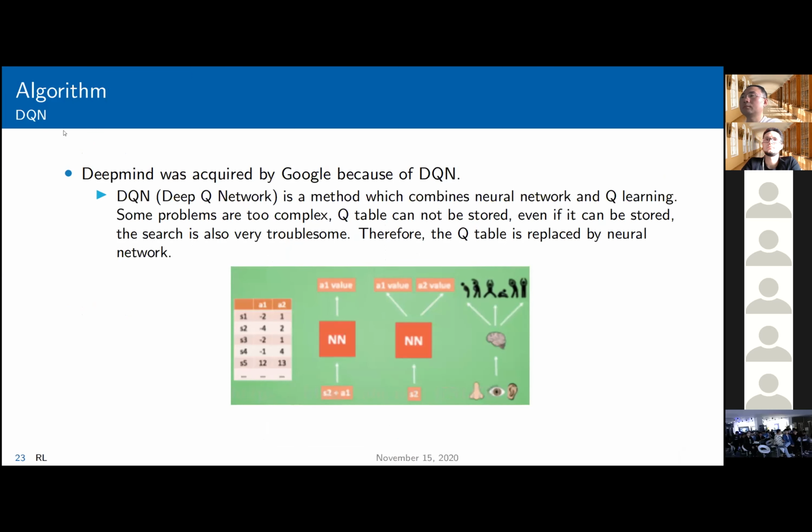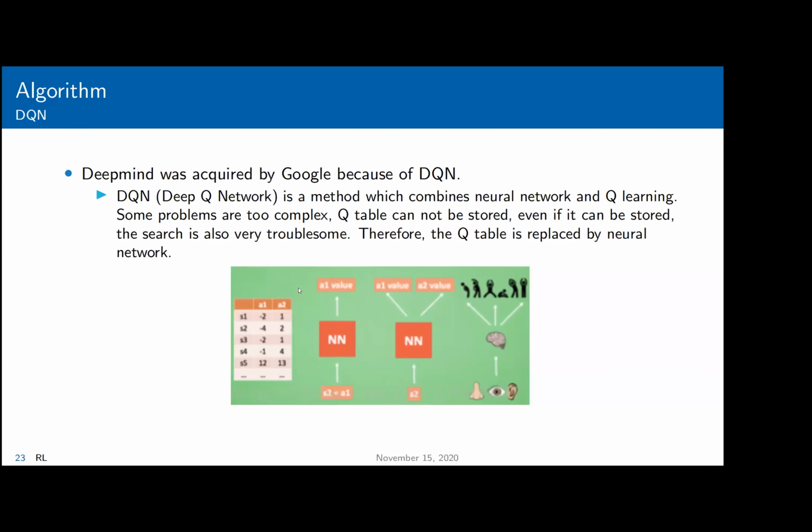And we talk about DQN. DQN and Q-learning are similar algorithms based on value iteration. But in ordinary Q-learning, when the state and action space are described and the dimension is not high, a Q table can be used to store the Q value of each state action pair.